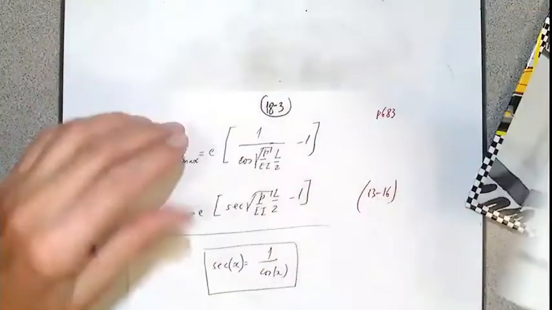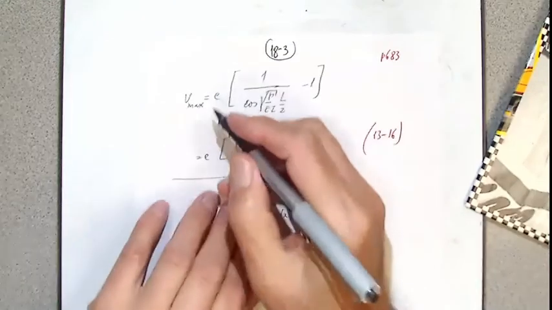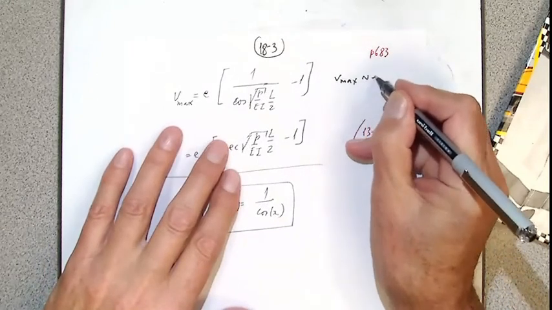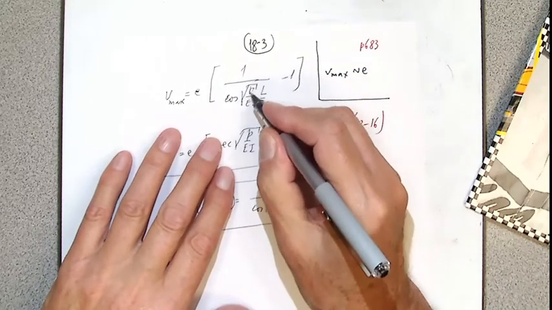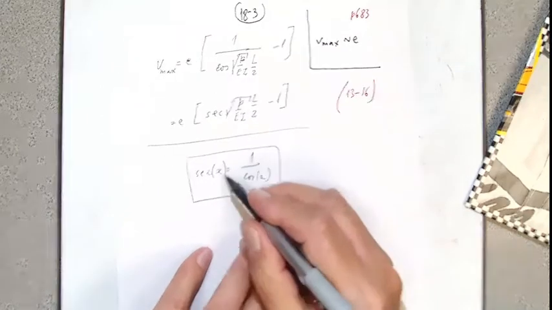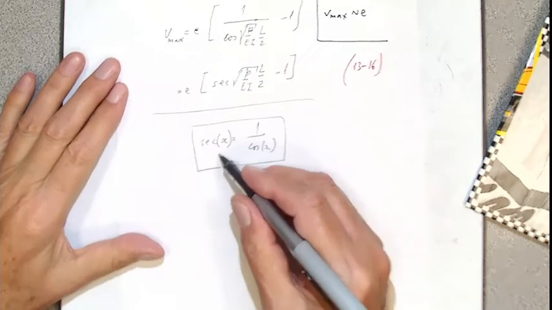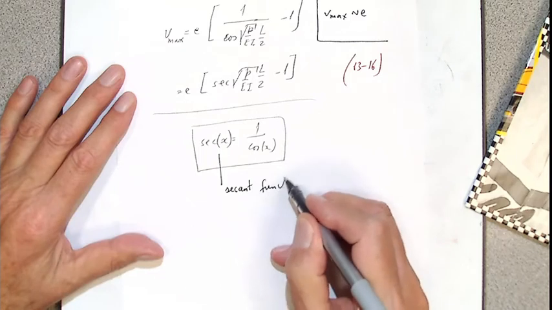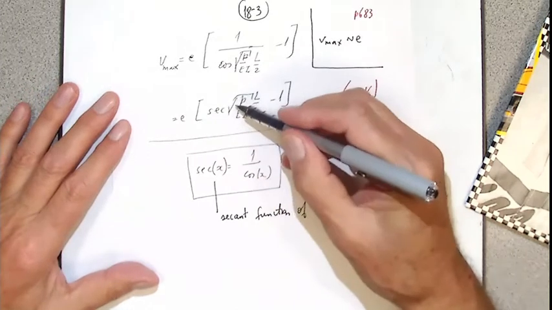Okay, then the expression for V maximum is as follows. V maximum equals E, that is eccentricity. Indeed, V maximum is proportional to eccentricity. 1 over cosine of square root P over EI, L over 2, minus 1. So this 1 over cosine is the secant function, secant of x. That means it is secant of P over EI.